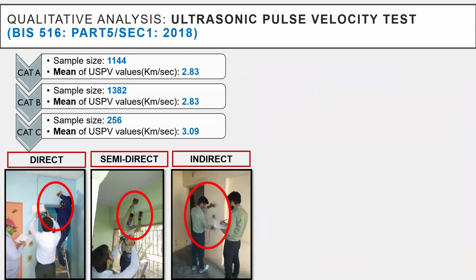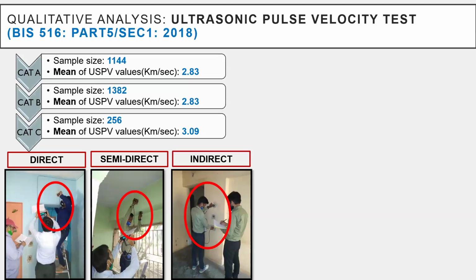Depending upon the situation, direct test, semi-direct test, and indirect test, these three tests have been carried out, and suitable correction factors have been applied using the latest code, BIS 516 Part 5 Section 1, 2018. For category A buildings, the sample size was 1144.